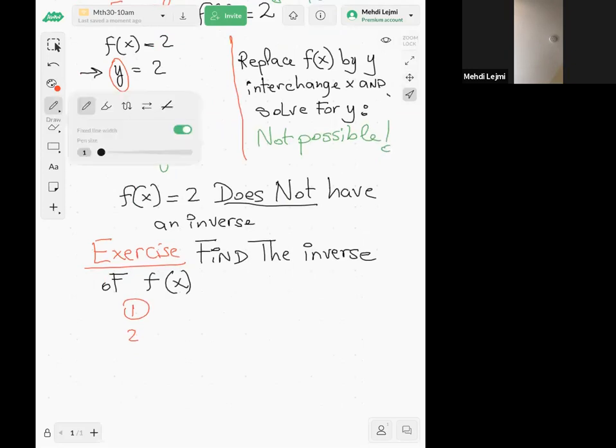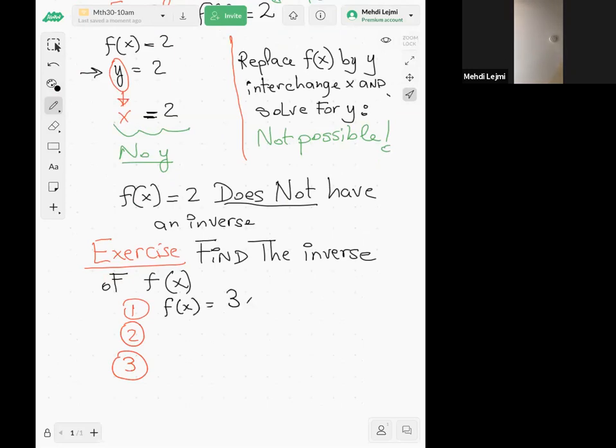I'm just going to keep the steps for you here. First function: f of x is 3x plus 4.